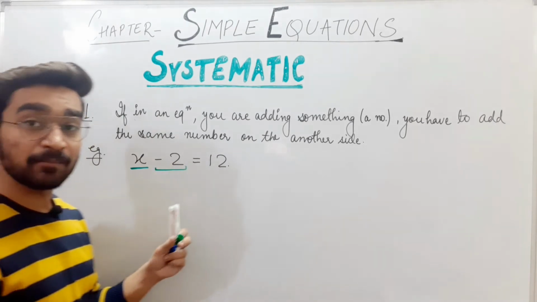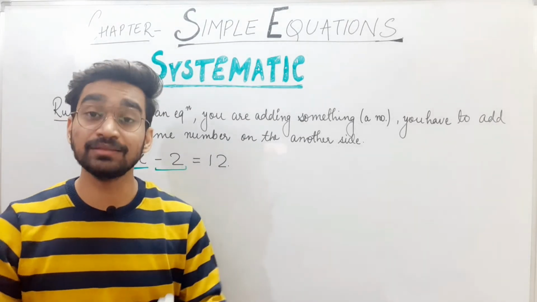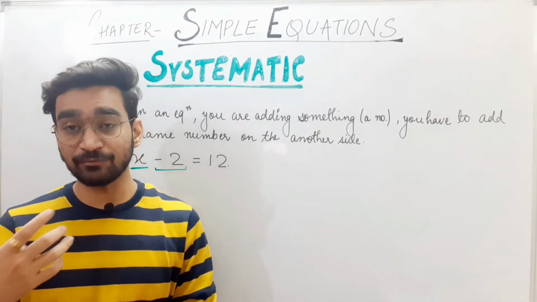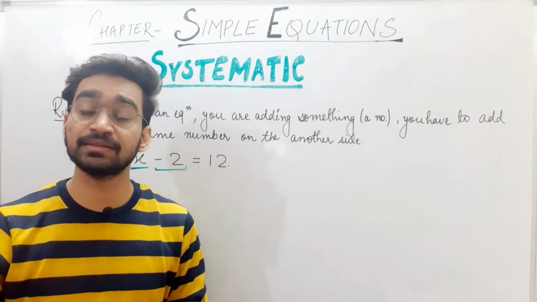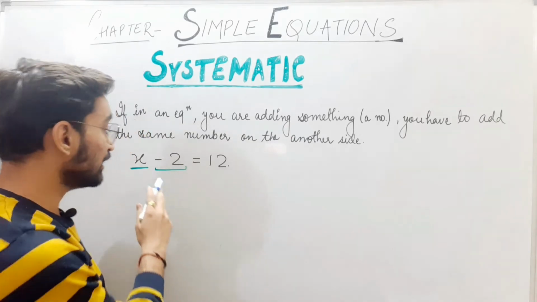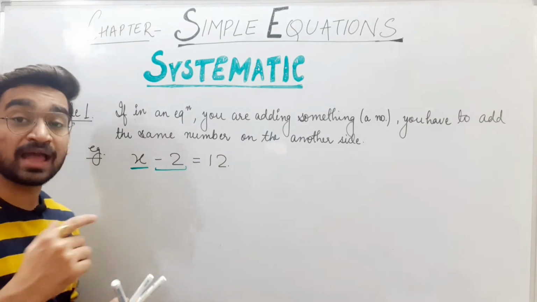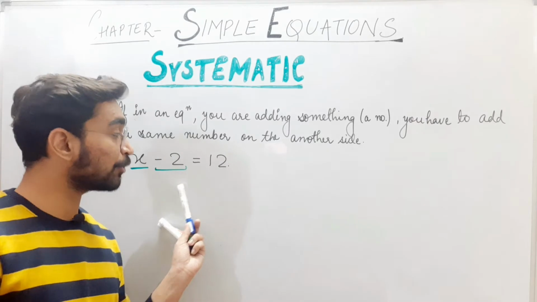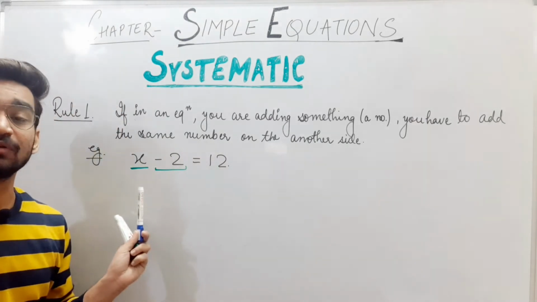If the number after the variable is in subtraction, I have to find another number which can cancel it. It should be positive. So if minus is here, then I have to add the same number on both sides of the equation, so that it becomes 0.